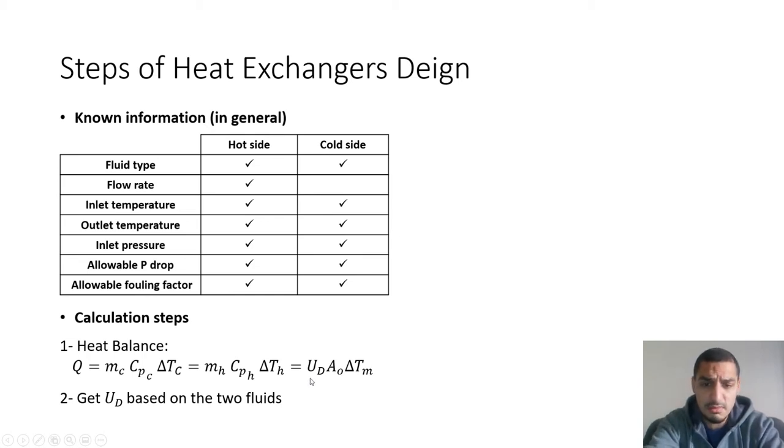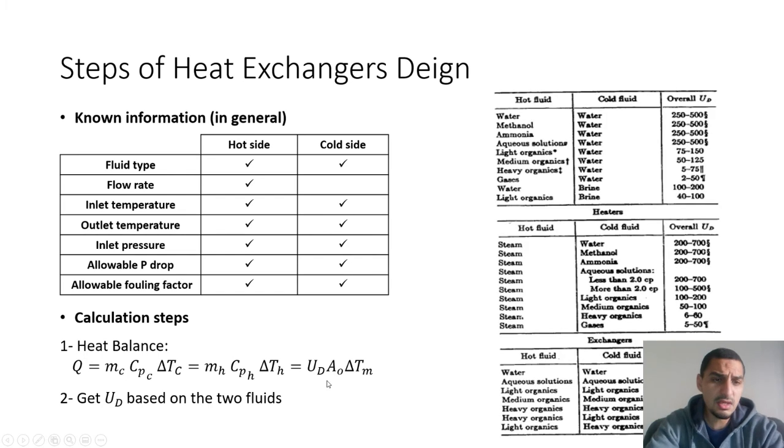So regarding the U design, we talked in the previous video that there are tables like this where you can tell what is the range of the values of the U design based on the two fluids, and from the table you can pick a value based on the two fluids. So still we don't know these two parameters, the A and the delta T mean.